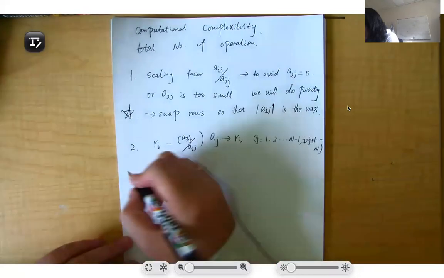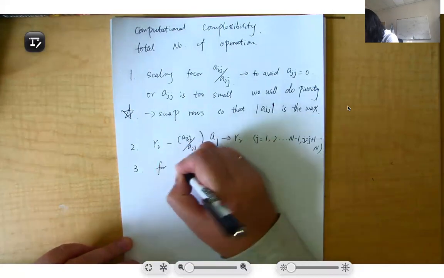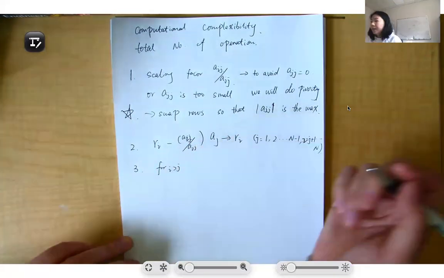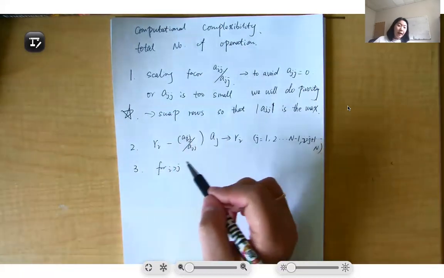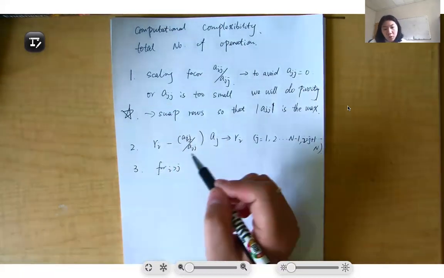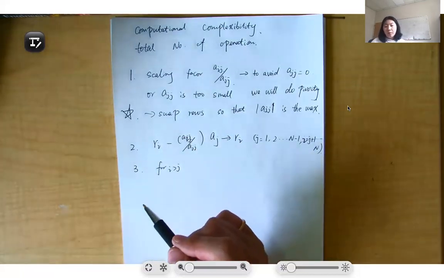These row operations convert the augmented matrix into upper triangular.